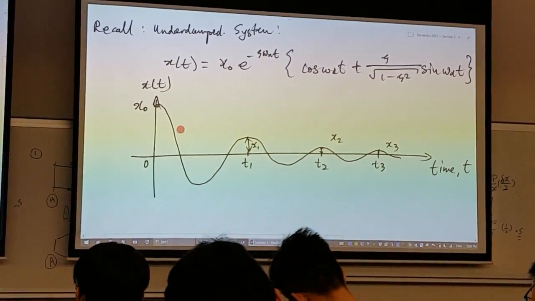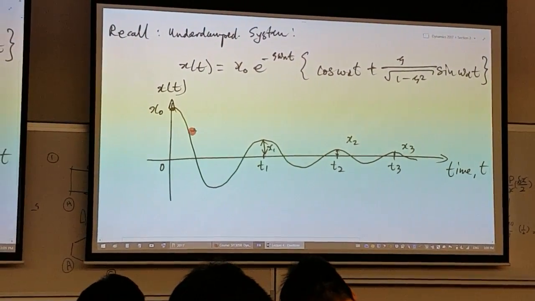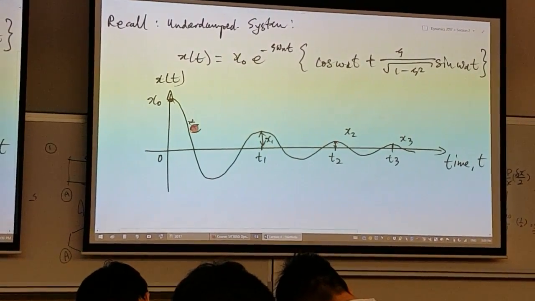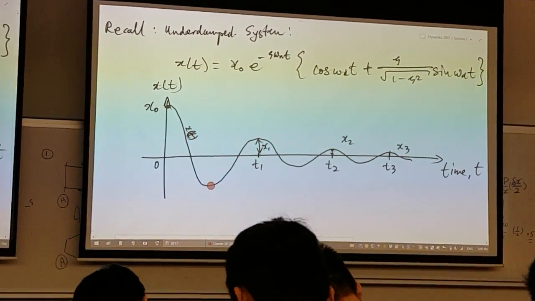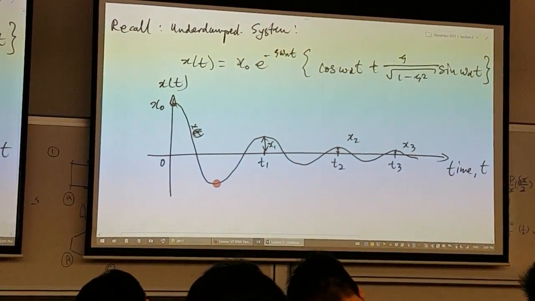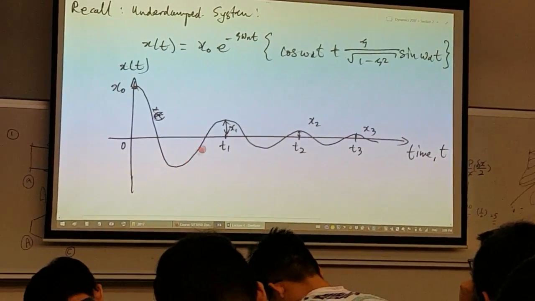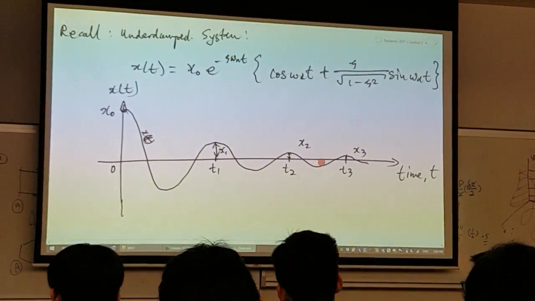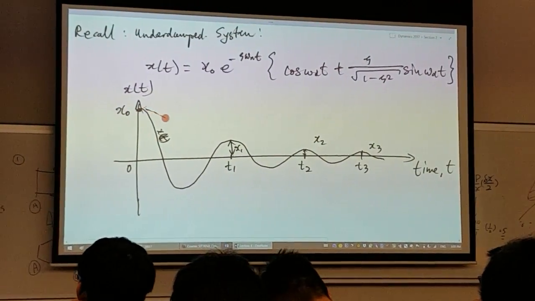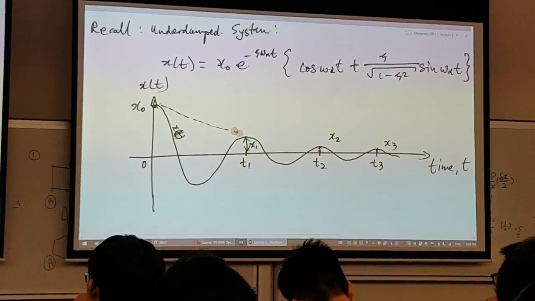So that's the equation of x(t). Right? It will go up and down. And there are a few other characteristics. This curve over here, it would decay along this kind of line.